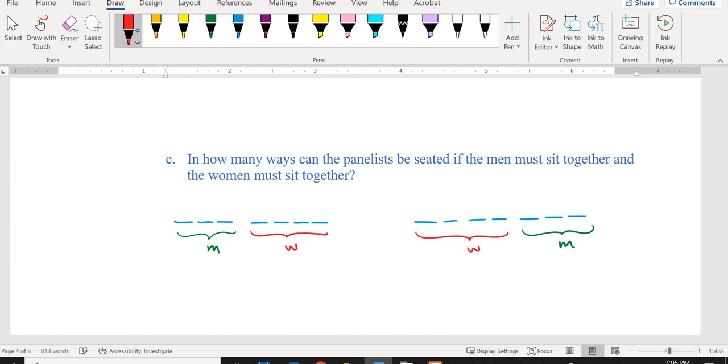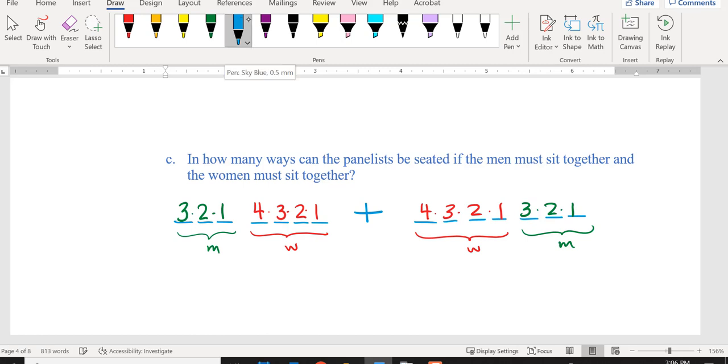So for the women, we had 4, 3, 2, 1. And for the men, we only had 3 to choose from. Now, we want to add those together because we can set them men first and then women, or women first and then men.